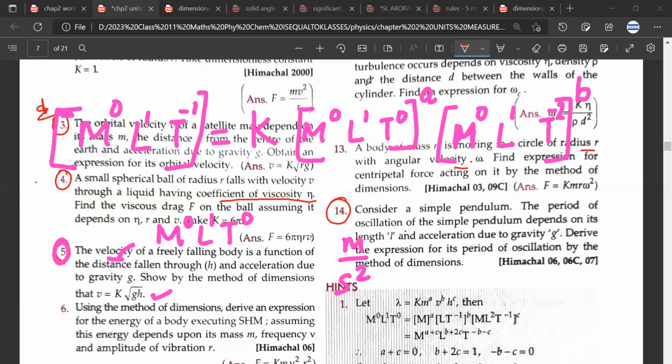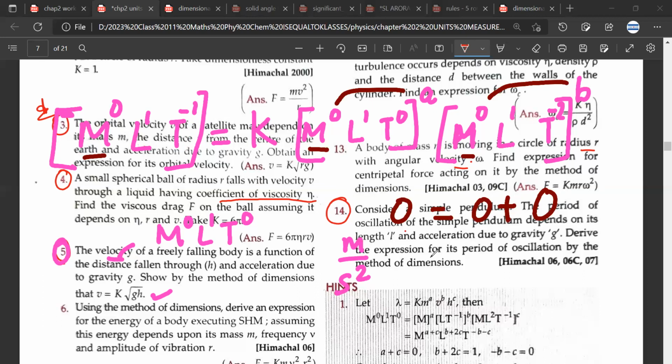Because now all that you need to compare is the mass, length, and the time. So if I compare masses, 0 is equal to 0 plus 0. So I get nothing out of the mass equation. So I'll have to try the length equation.